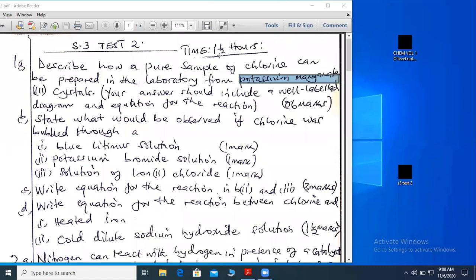Again, method of correction, many of you collected the gas over water. You collected the gas over water, and that is not what I wanted.